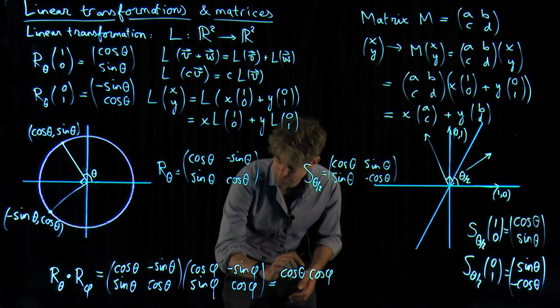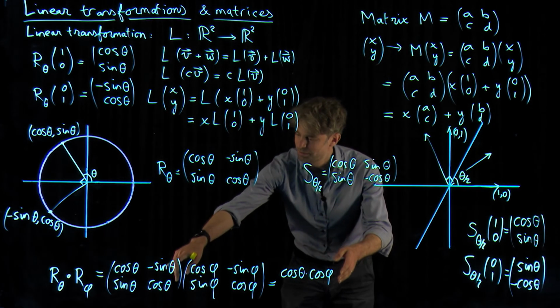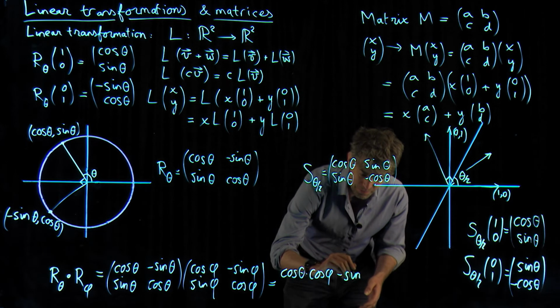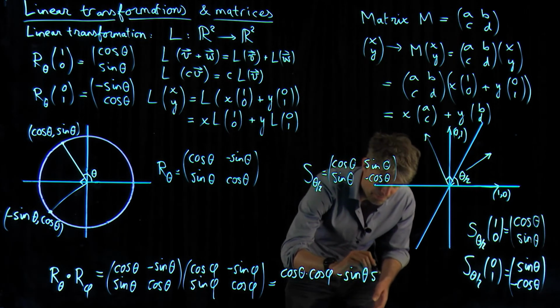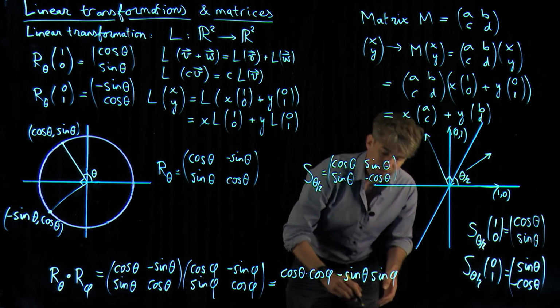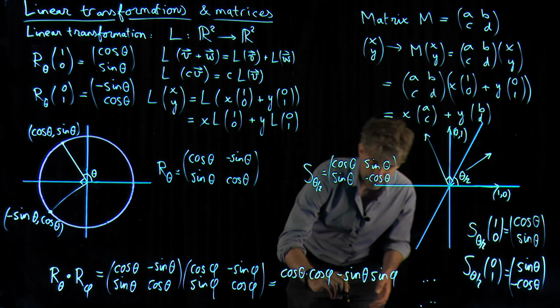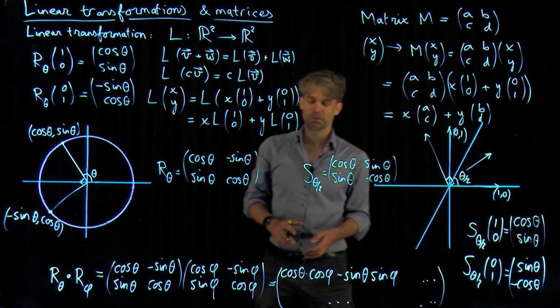And then, I'm going to be short of space here for sure, minus the sine of theta times the sine of phi. So maybe I'm not going to do the whole matrix. You know how it goes. From here you can do the other multiplications.